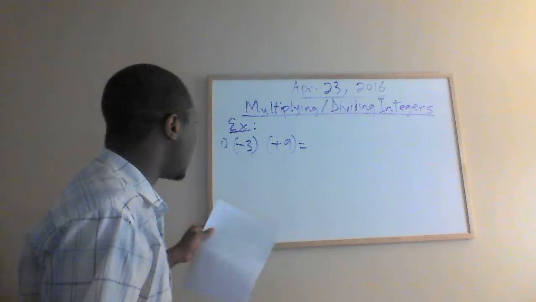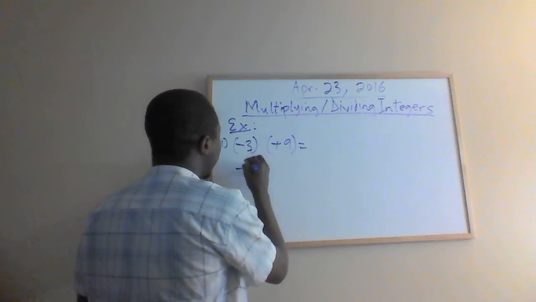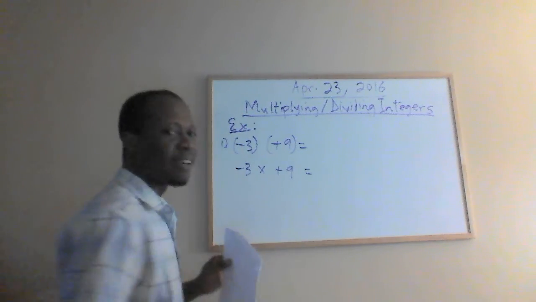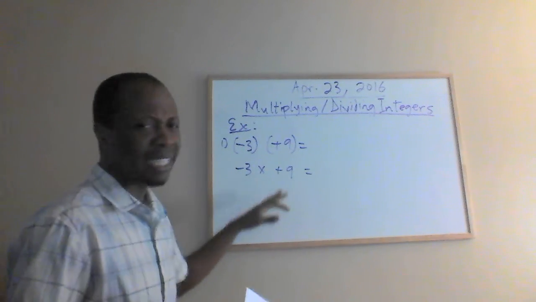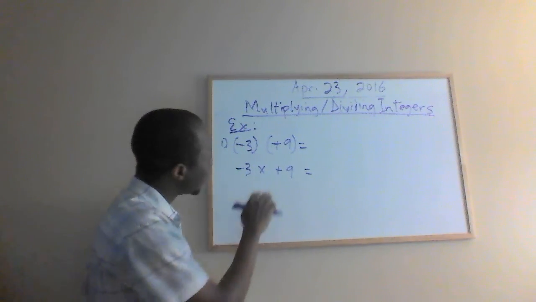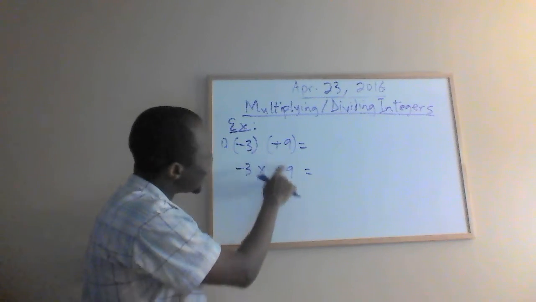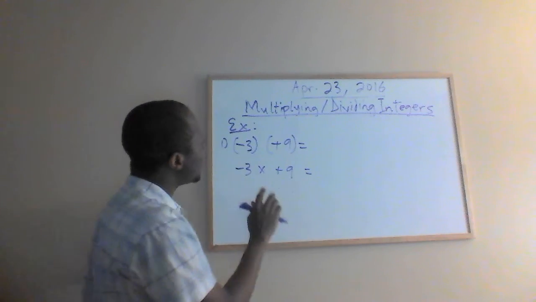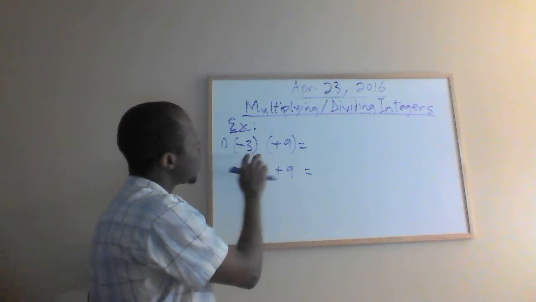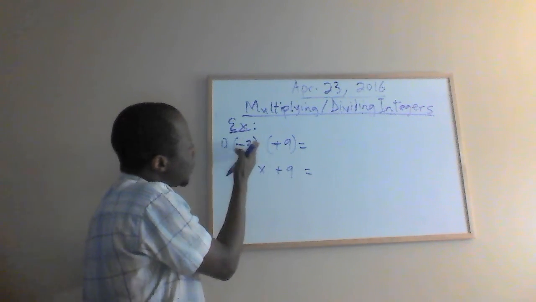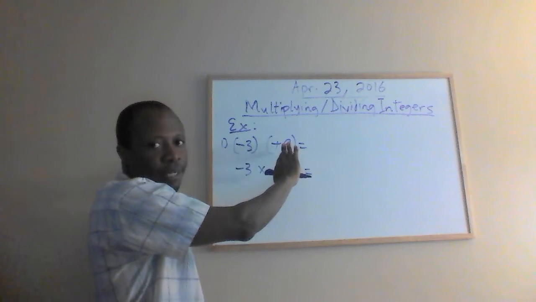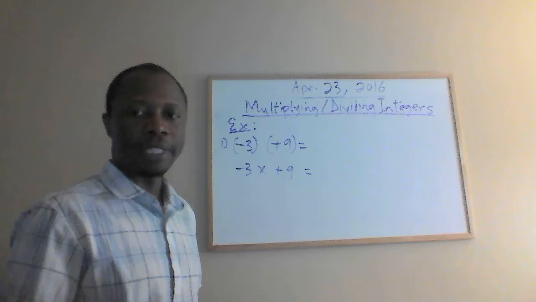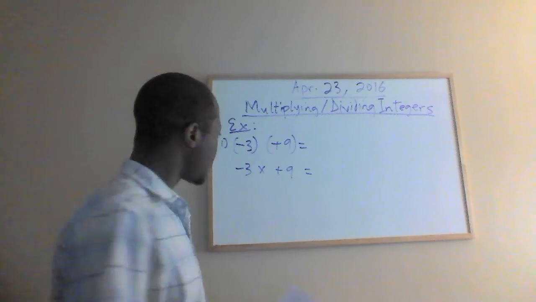I can also write negative 3 times positive 9, but not everybody likes to write it like this because it can confuse some people. Many people like the bracket version because each bracket is totally separate, but they will all give us the same thing.